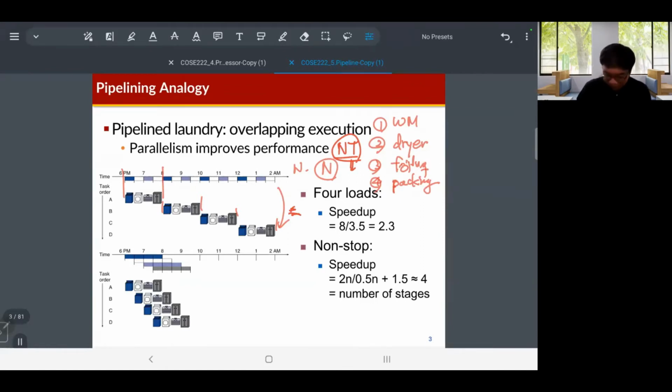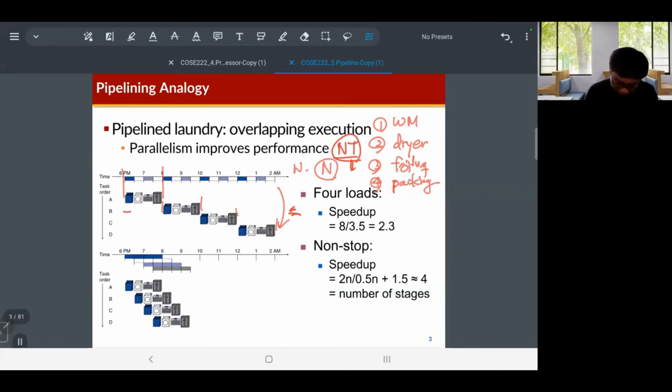But what's the problem? The problem is that it takes a very long time for executing one instruction, and it's the same for this laundry process. For performing the laundry process for a single cloth, it takes a very long time, 2 hours.